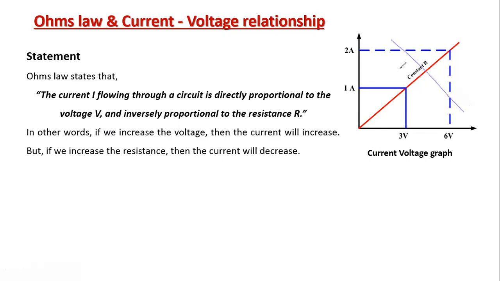If you plot a graph between the resistor and the current, it will be a straight line as well, but in decreasing fashion.